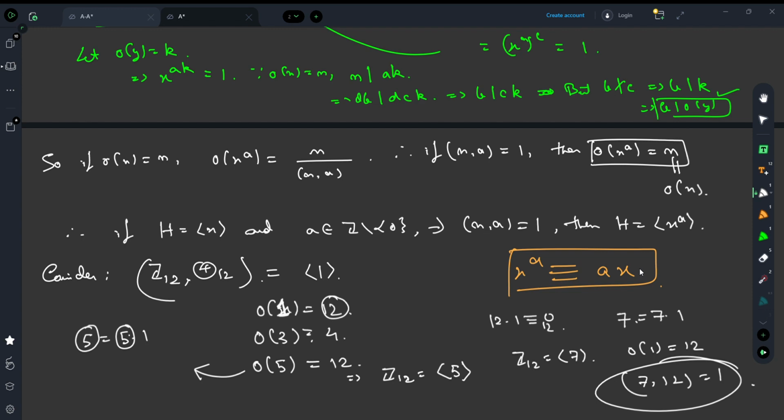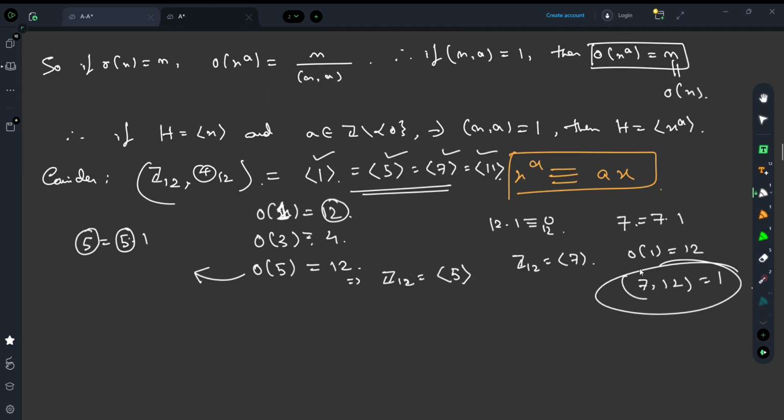It will also be generated by 11 because 11 is equal to 11 times 1. Order of 1 is 12. 11 and 12 are co-prime, right? Okay. So the generators of Z12 are 1, 5, 7 and 11. Aren't these the only numbers below 12 which are co-prime to 12, right?